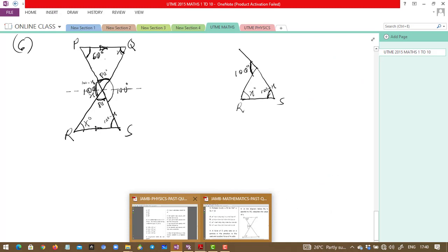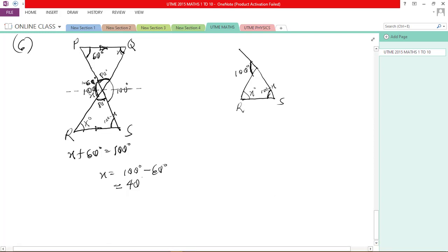So there's 60 degrees there. Here is 60 degrees. So case solved, alternate angle. Here is 60 degrees. Here is X. So we have X plus 60 degrees is equal to 100. So X equals 100 degrees minus 60 degrees, which is equal to 40 degrees.